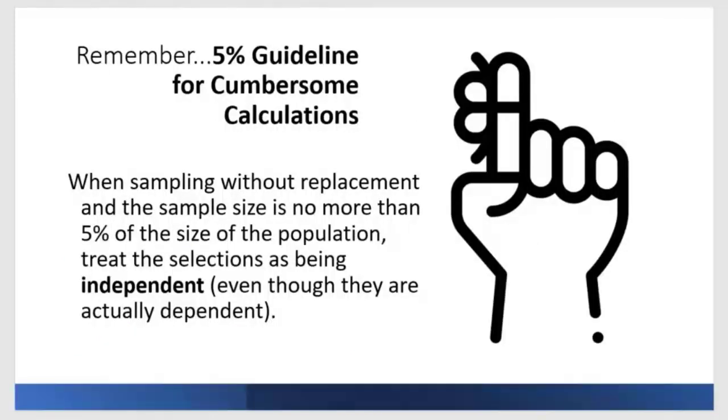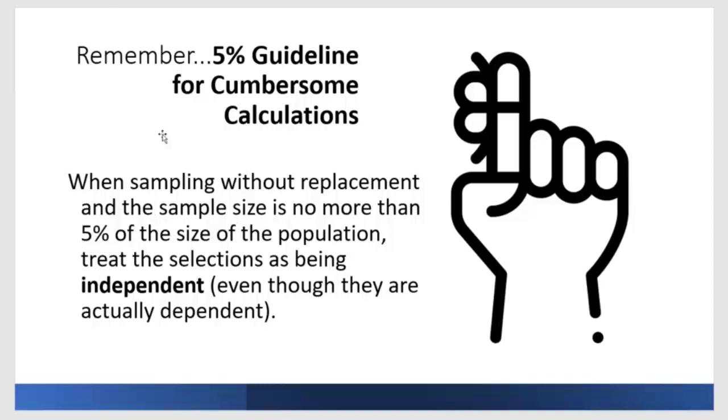Now, we're going to talk about how to calculate this in a minute, but here's just something to keep in mind. It's called the Guideline for Cumbersome Calculations. Because one of our requirements is that all of these results are independent, sometimes if you have a large population, it just gets really hard to keep calculating it.